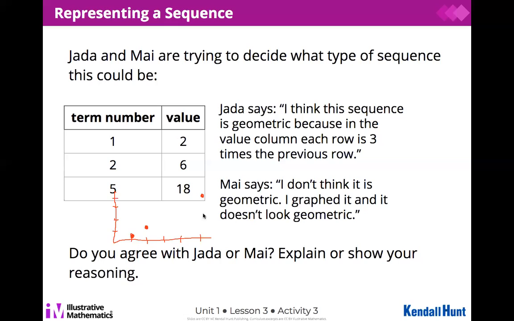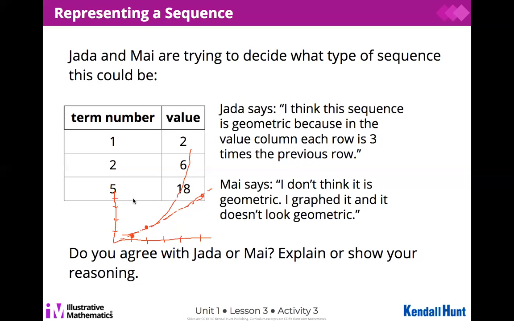Okay? Now, if you guys remember, when we did our geometric sequences, those graphs started really low and then got big real fast. Okay? This graph looks more like a line. So I think what's happening here, we're missing some terms. We're missing term 3 and 4.